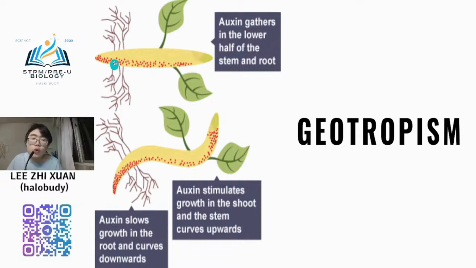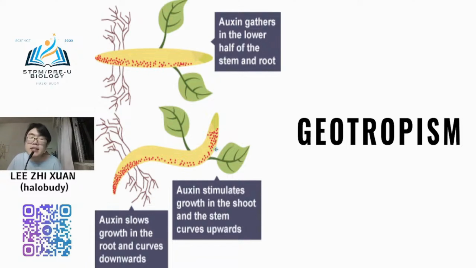Especially in the root, the auxin will accumulate based on the gravity. In the root it will accumulate at the lower part only, similar to the shoot, where it accumulates in the under layer of the shoot only.